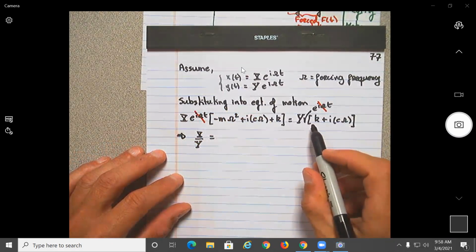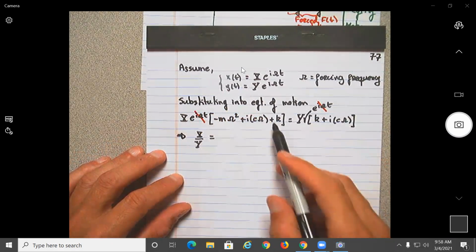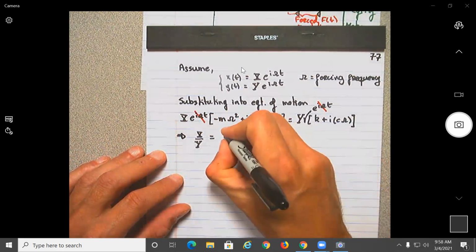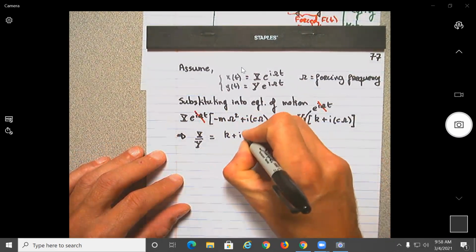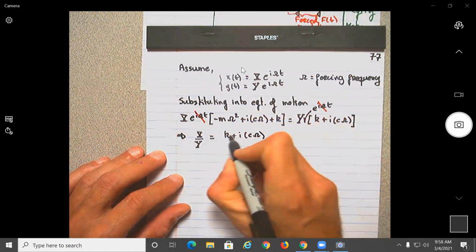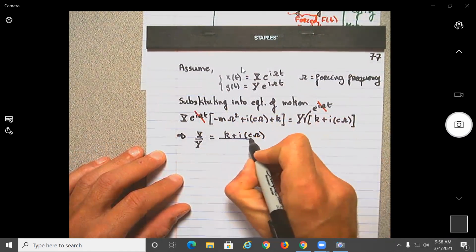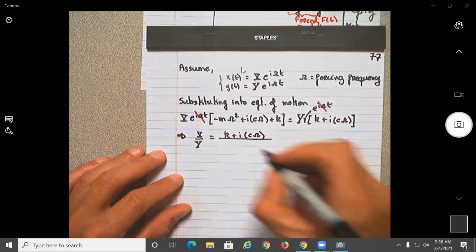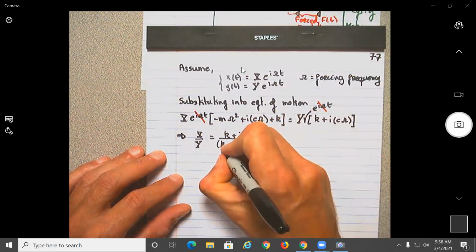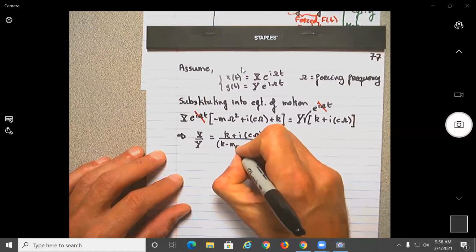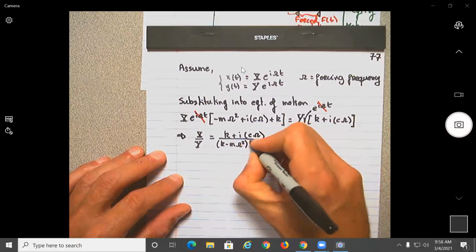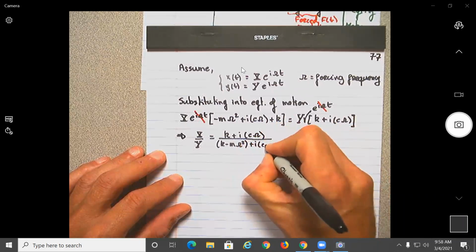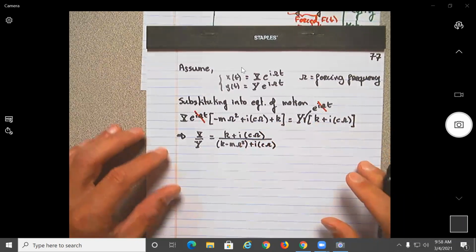This one moves here, so we have this one on top, k plus i c omega, divided by, when we write this, k minus m omega squared plus i c omega.